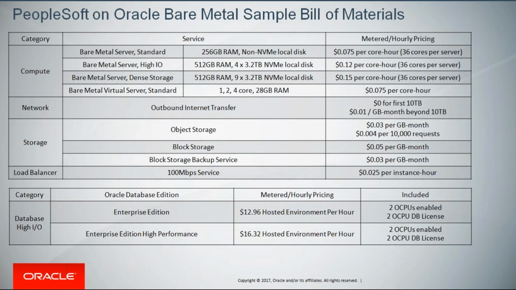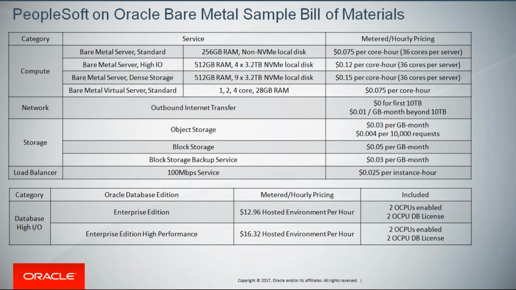There will be some network layer that we want to think about. There is some storage, object storage and block storage. We use load balancer as a service, so you want to bring in a load balancer if you have to, or you can use your own native load balancer from on-prem. But we do offer load balancer as a service. That's what we use for our white paper.